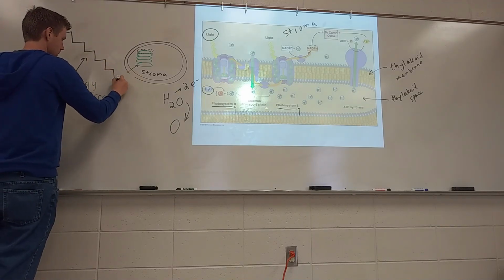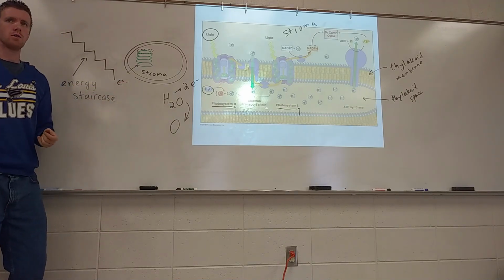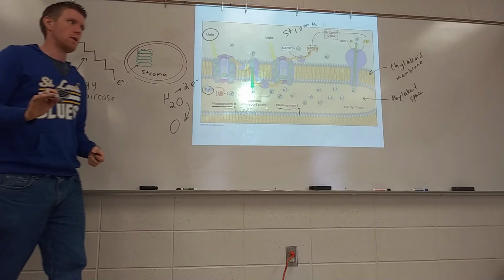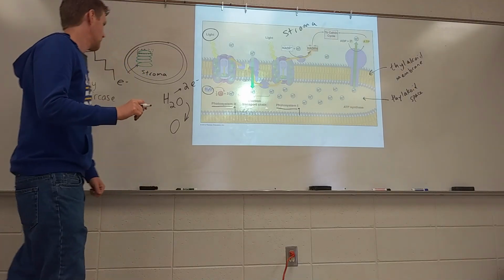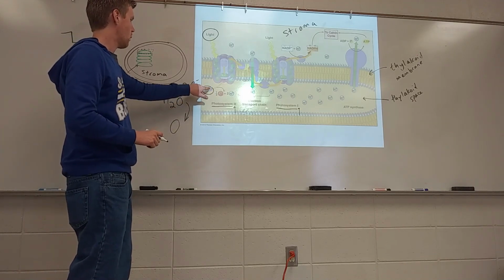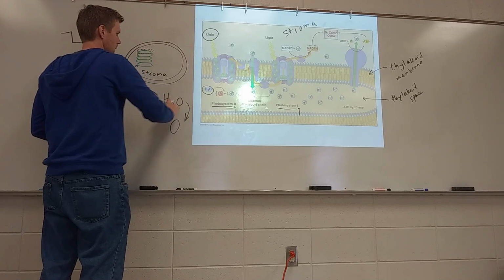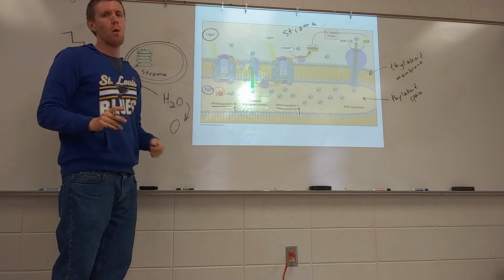Water, the electrons found in water have no potential energy. You can drink all the water you want, you're not going to get any calories. What happens is that the water molecule donates the electrons to the photosystem devoid of energy.